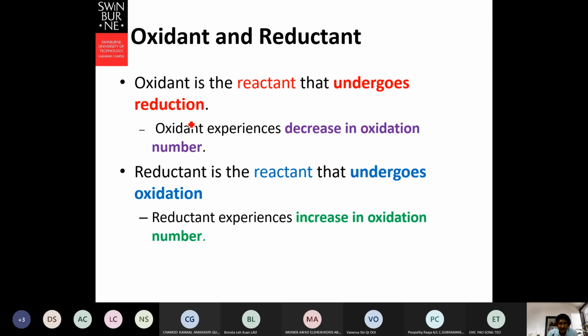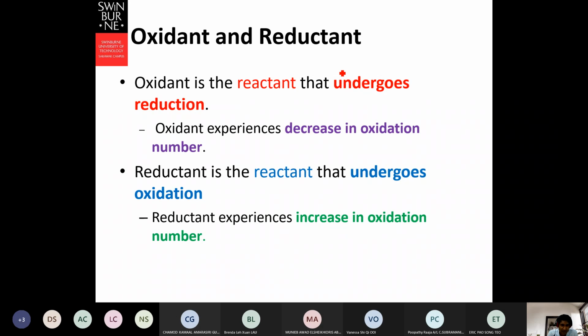Now, oxidant and reductant. Since we are already comfortable with oxidation and reduction, oxidation is losing of electrons. If some element is losing electrons, its oxidation is happening. Another one which is taking up the electrons, the reduction is happening.